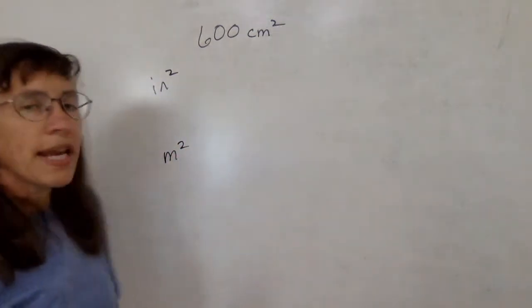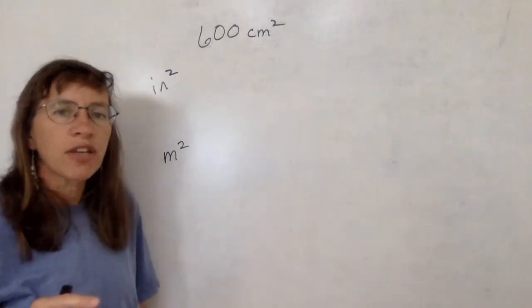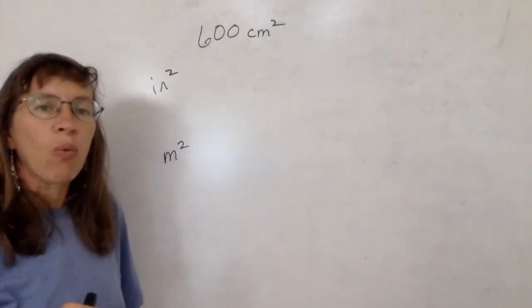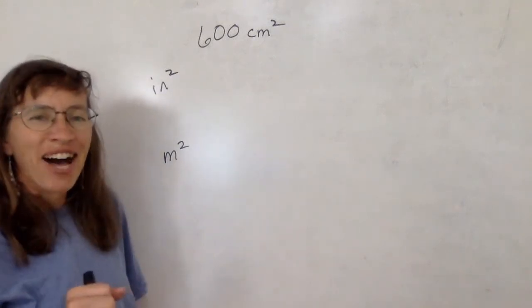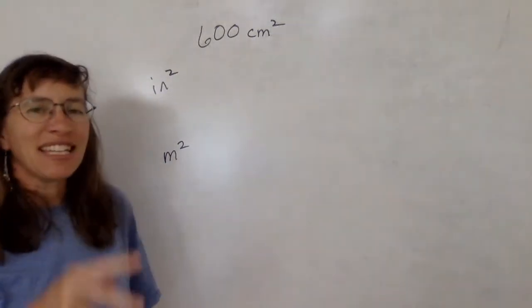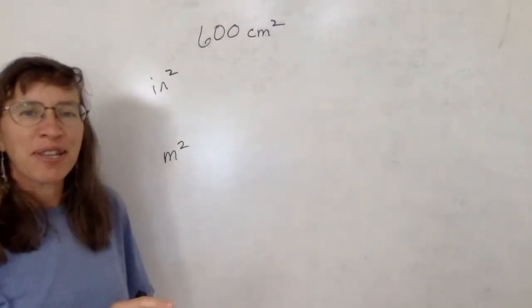Whenever you do a unit conversion, what you're essentially doing is multiplying whatever value you've got by the number 1. But it's not just any old one. It's a very careful choice of the number 1. Basically, the amount on the top is going to be equal to the amount on the bottom.